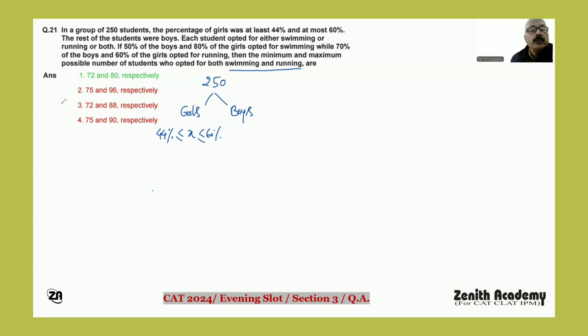If 50% of the boys and 80% of the girls opted for swimming, while 70% of the boys is running. Okay, so let's do this: here boys, swimming and running. Take swimming, boys and girls. So 50% of the boys and 80% of the girls opted for swimming.